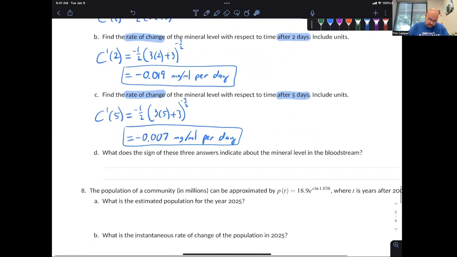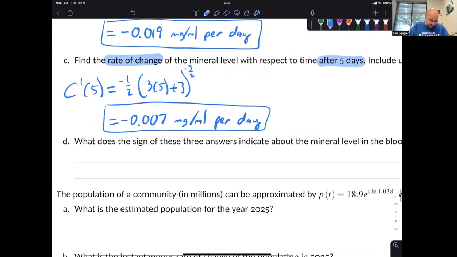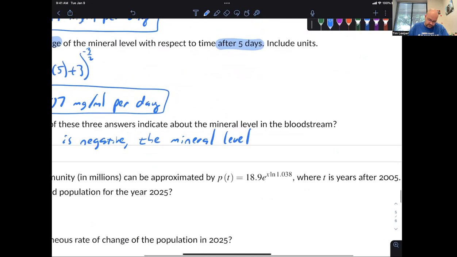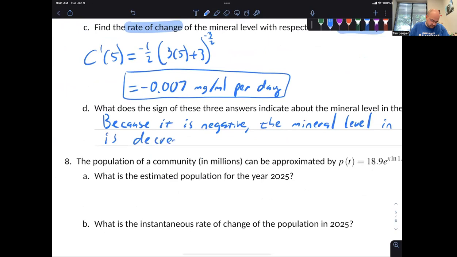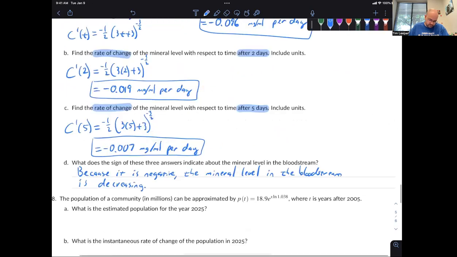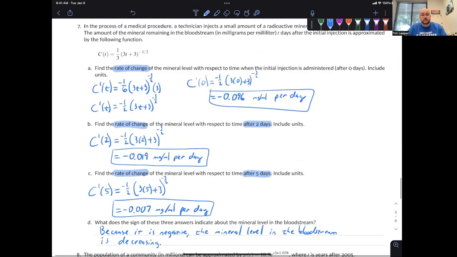So D basically says that because it is negative, the mineral level in the bloodstream is decreasing. And there you go. That is question 7. Have fun.